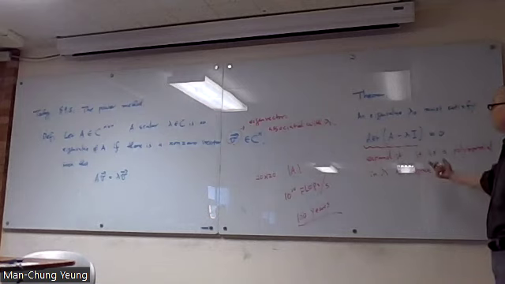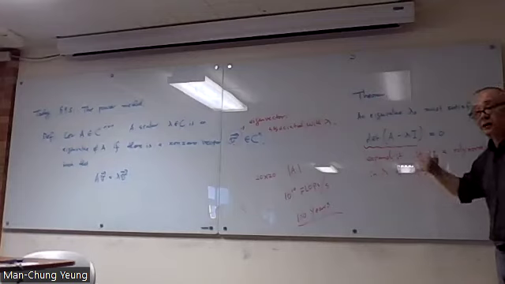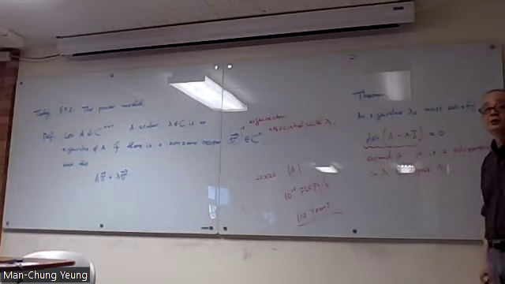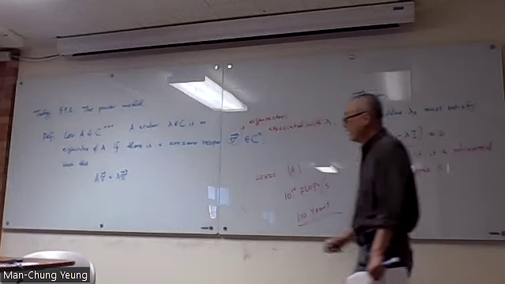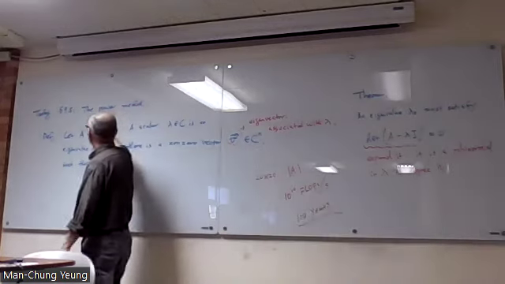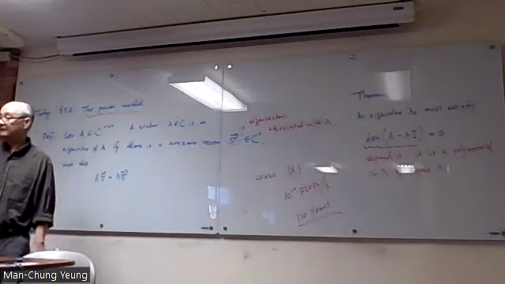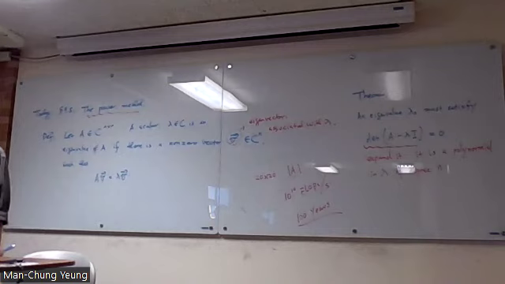Then how do we find eigenvalues efficiently? This is what we are going to study. Today I present the first method, the power method. This method only computes the largest eigenvalue and the eigenvector associated with the largest eigenvalue.